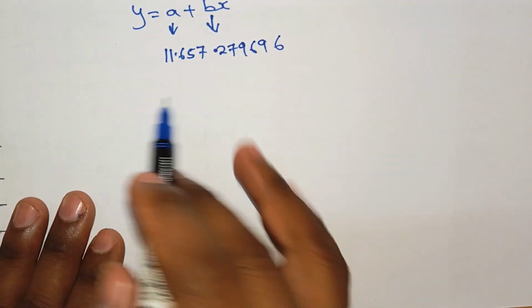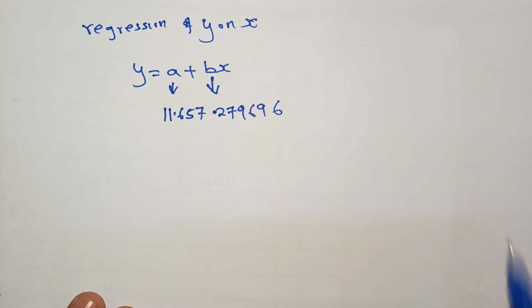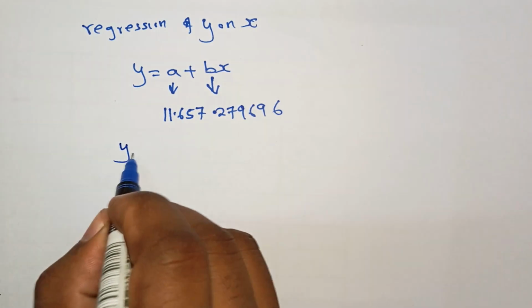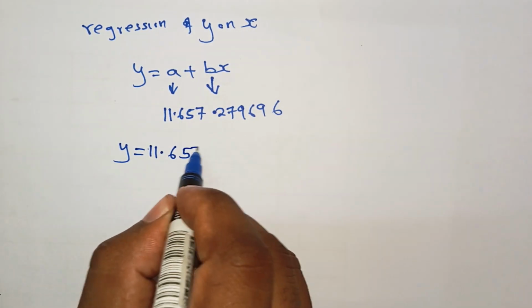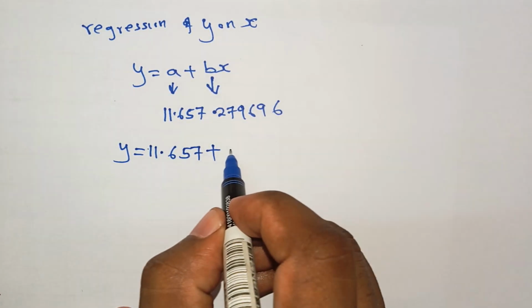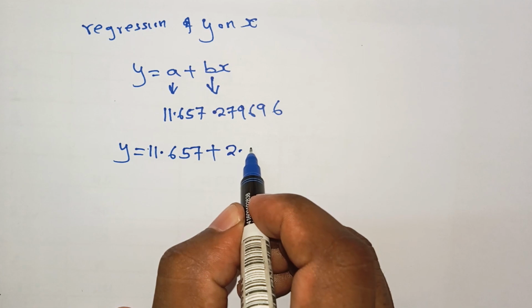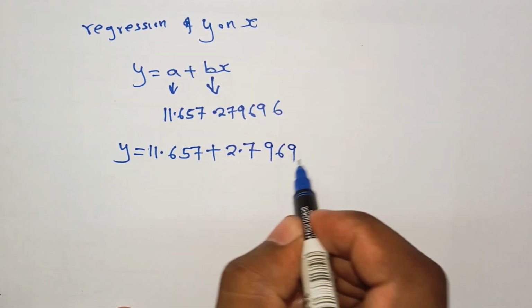So let us substitute so that we can get the regression equation of y on x. So our y is going to be A, which is 11.657. Then you add B, which is 2.7969x.